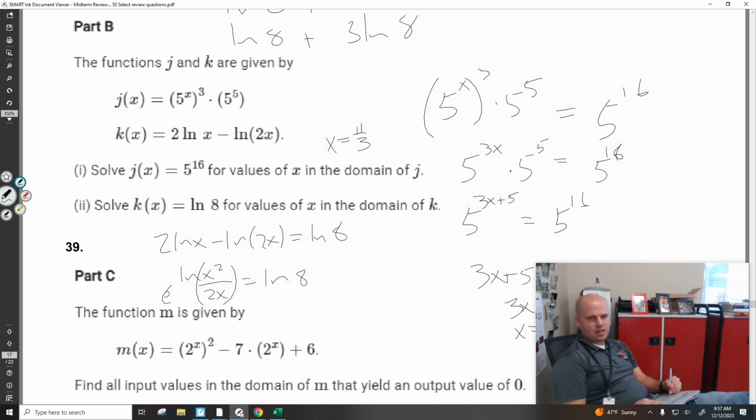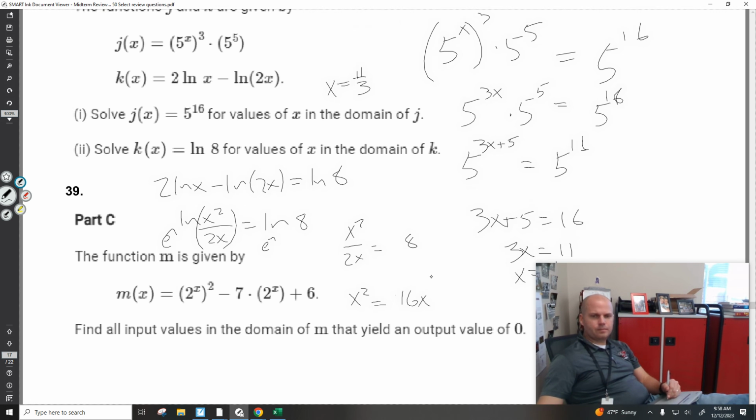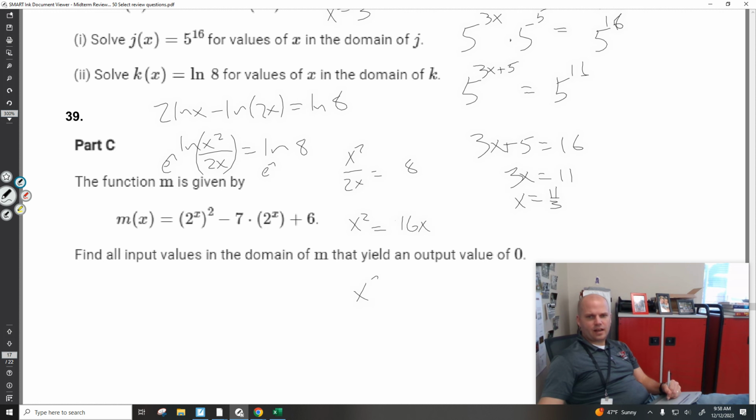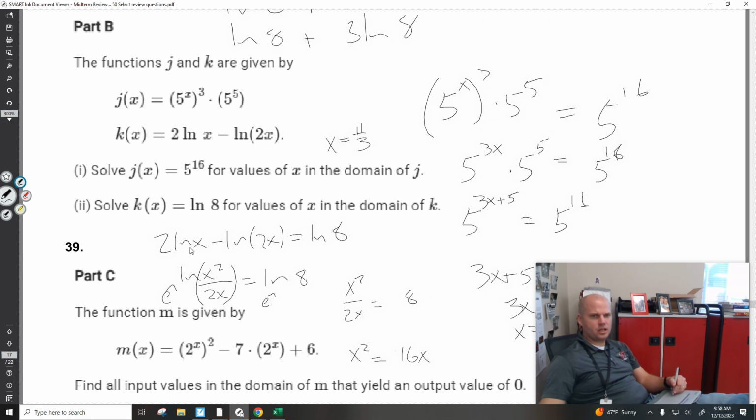So if I take e to the power of both sides, I get x squared over 2x equals 8. That means x squared equals 16x. Move everything onto one side. X squared minus 16x equals 0. X times x minus 16 equals 0. X equals 0 or 16. I'm not allowed to take the natural log of 0, so the answer has got to be 16.